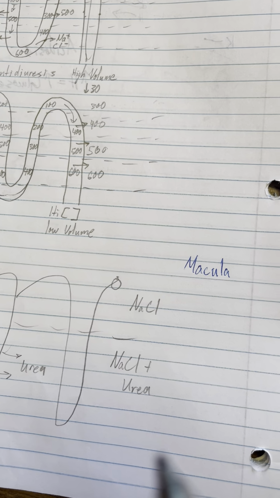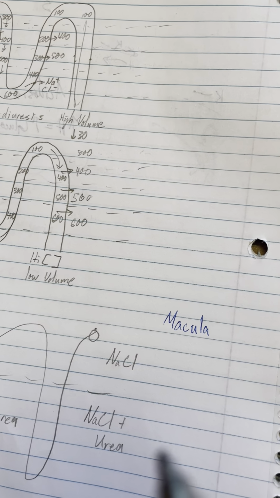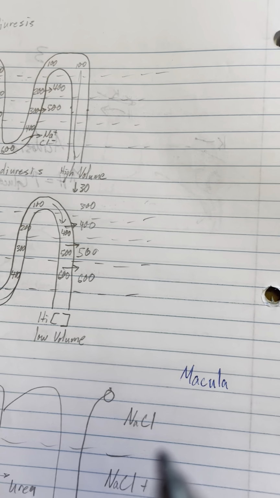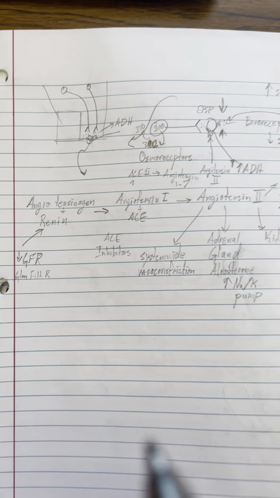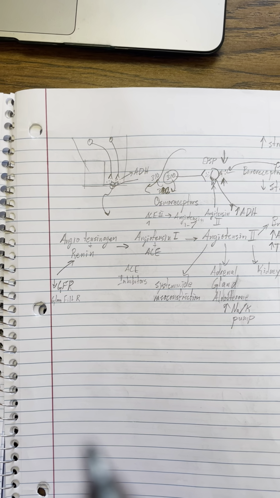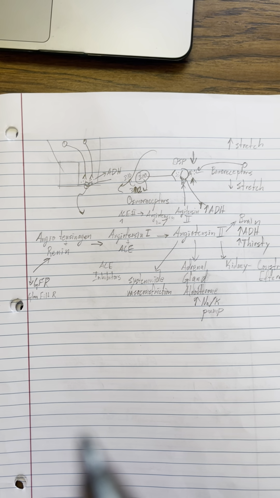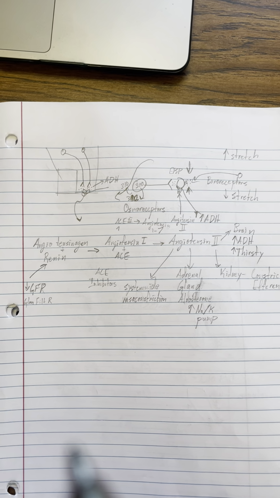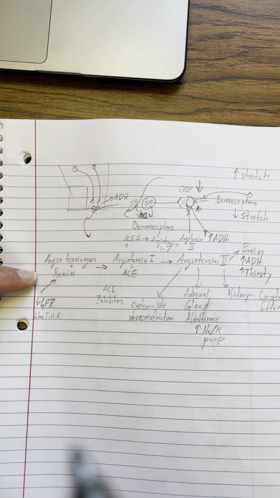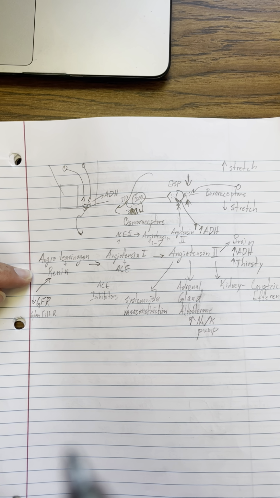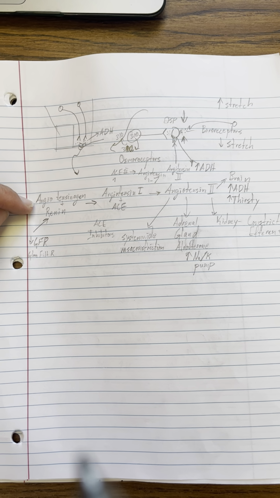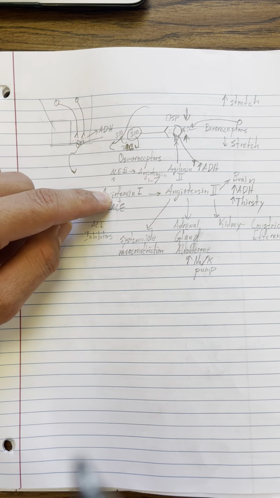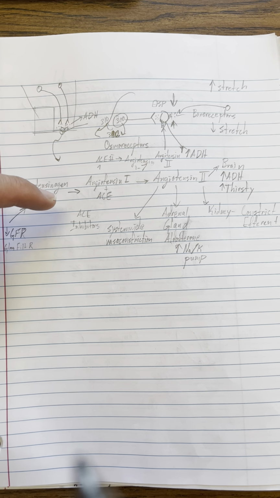So what happens with that? Well, say you have low blood pressure, you want to increase it. The RAAS system, or the renin aldosterone angiotensin system, is going to help with that. If we have a low glomerular filtration rate, renin will stimulate angiotensinogen, which will turn to angiotensin 1.